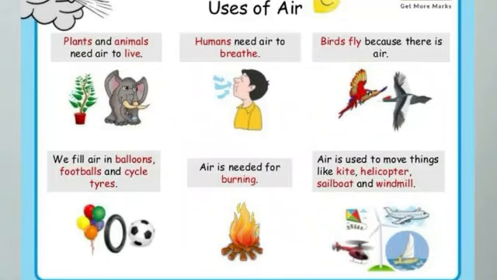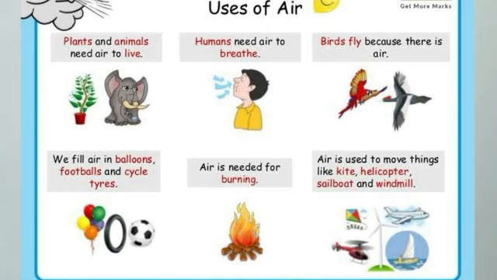So my dear children, our chapter is over. So today we discussed many things. Once again we can repeat today's portion. First we discussed the uses of air. There are 4 uses. The first use, all living organisms need air to breathe and to stay alive.